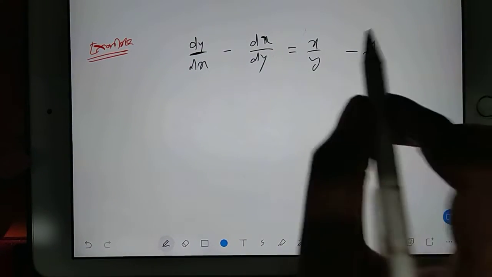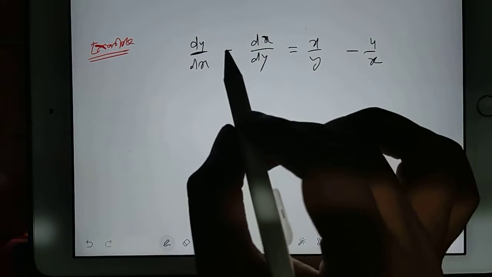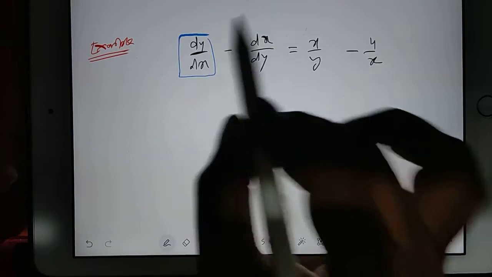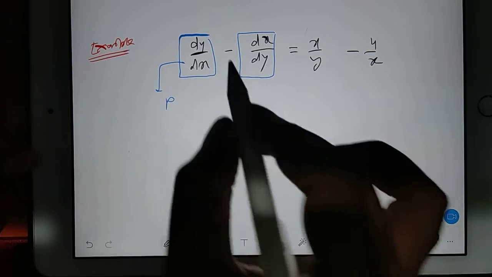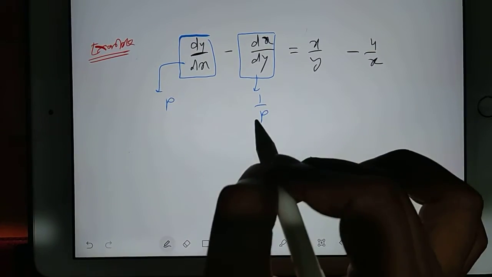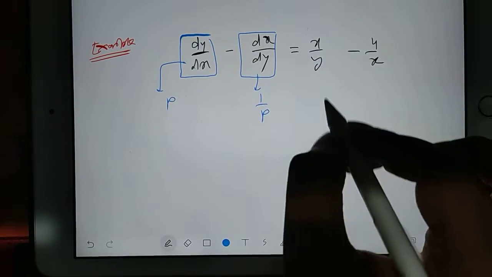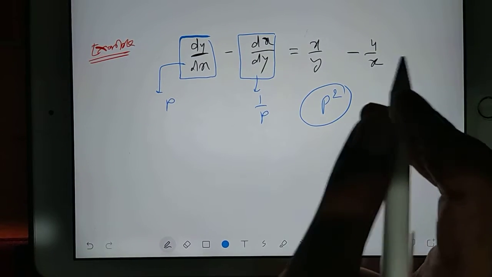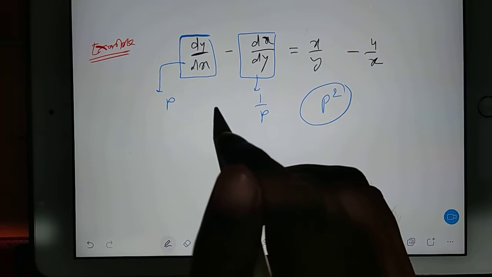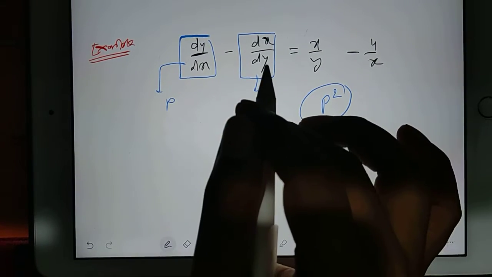Now you see this question. Here you have dy by dx and here you have the opposite. So if you consider this as p, then of course this is going to be 1 by p. So when you simplify the equation, a p square term will come automatically. So p square term means your degree is more.